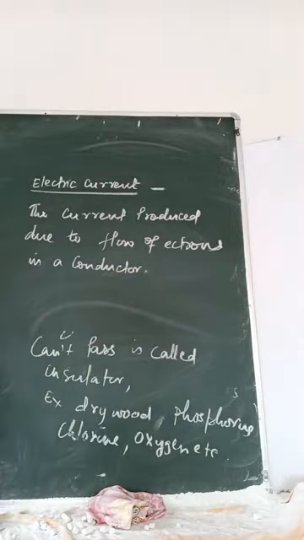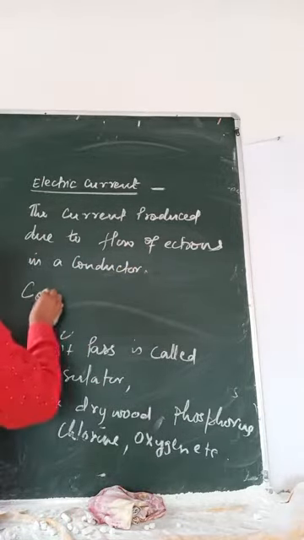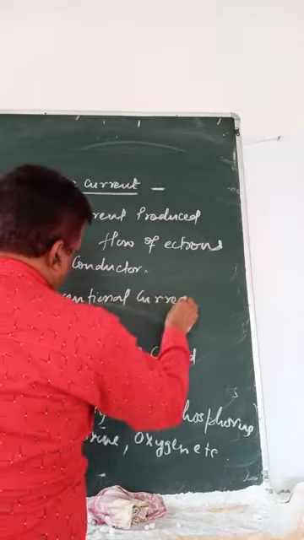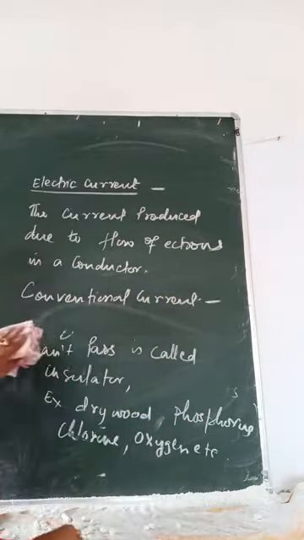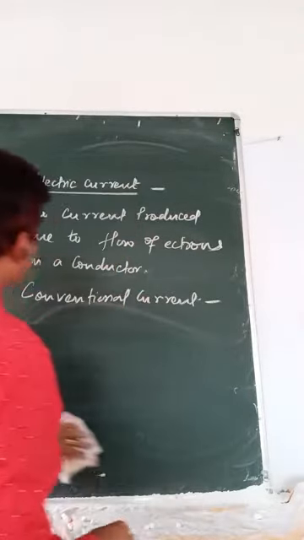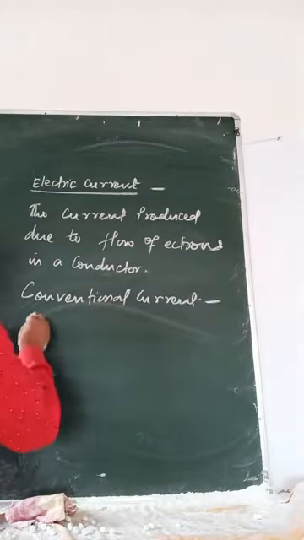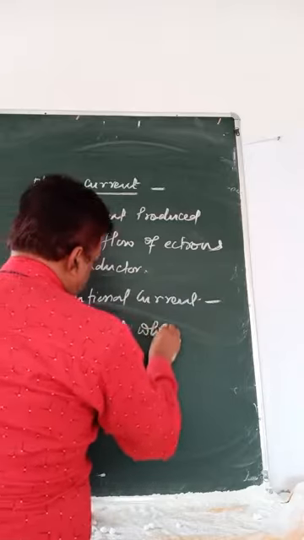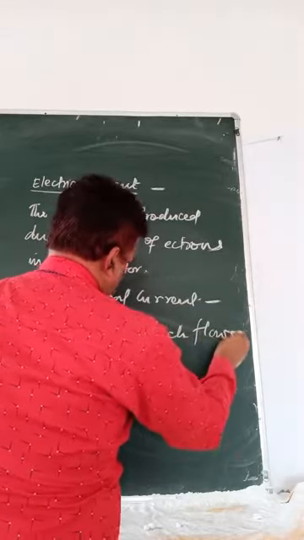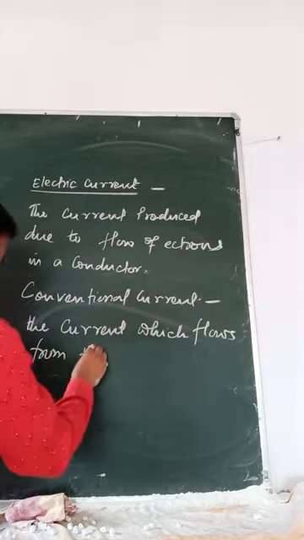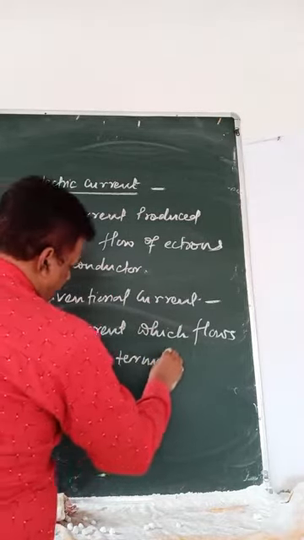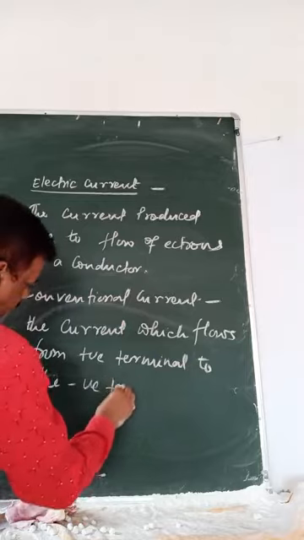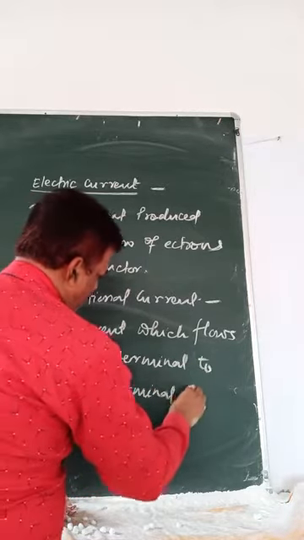Conventional current is the current which flows from the positive terminal to the negative terminal of the source.